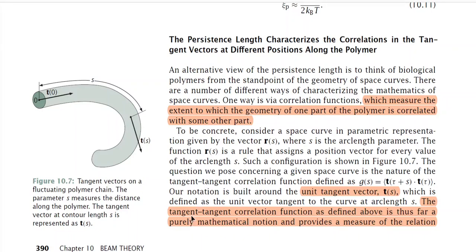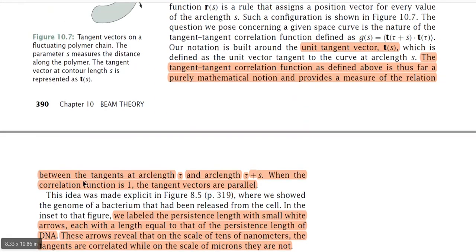This tangent correlation function as defined by the above formula is a purely mathematical notion and provides a measure of the relation between the tangents at arc length tau and arc length tau plus s. You see inside the bracket we have written tau plus s and here we have written tau.